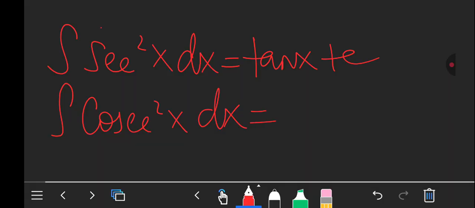We understand that the derivative of cot x gives the negative cosec square of x, right? So the opposite now, the integral of cosec square of x will give us negative cot x plus c.